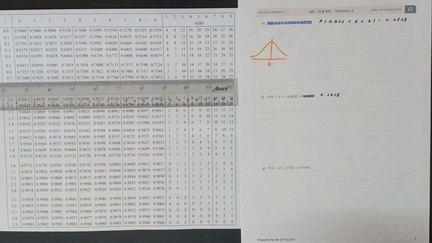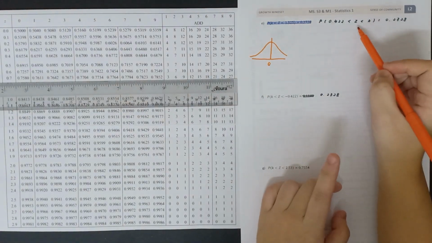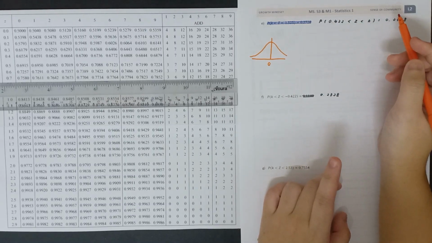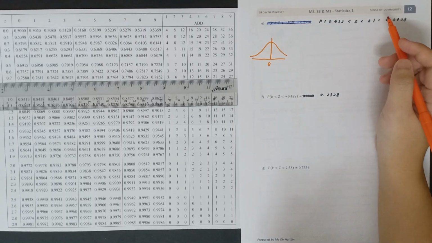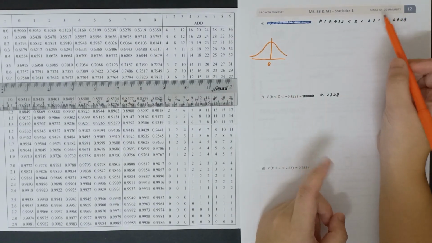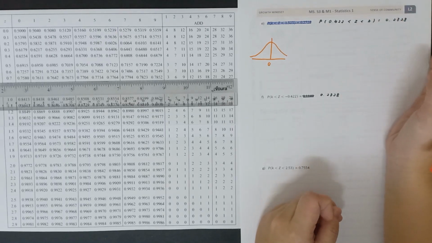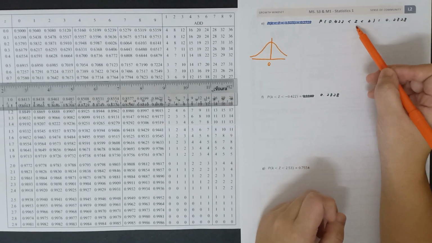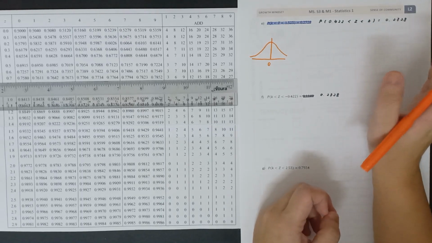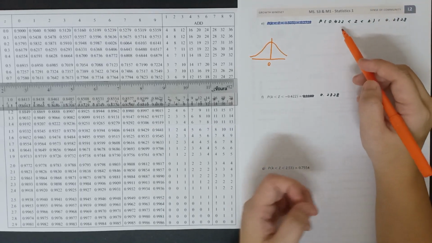Okay, so E, you see this Z value is greater than 0.422 and smaller than K. When you try to draw it on your curve, what you can realize is that your K must be a positive value already, because your Z is greater than 0.422 and smaller than K. So it cannot be smaller than a negative value but bigger than a positive value.